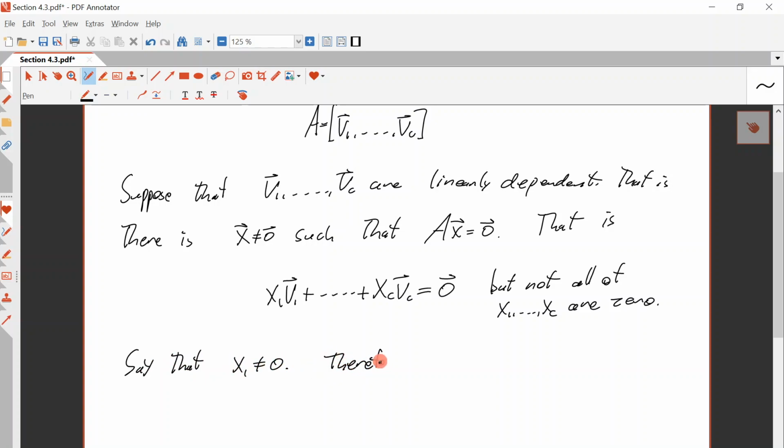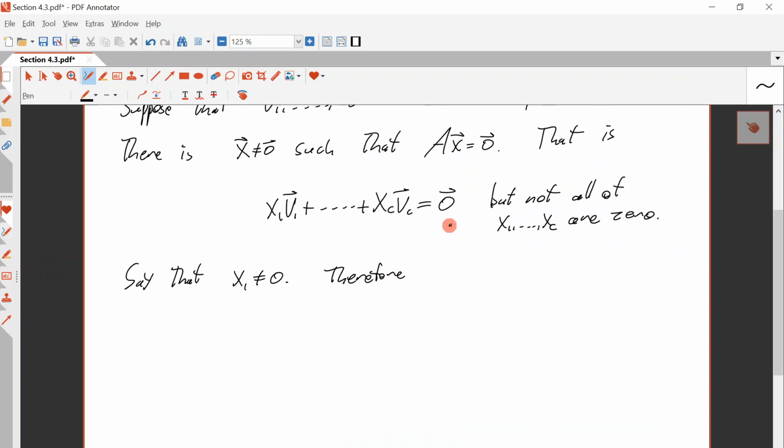Therefore, v1 is equal to minus x2 over x1 v2 plus, and so on, minus xc over x1 vc.